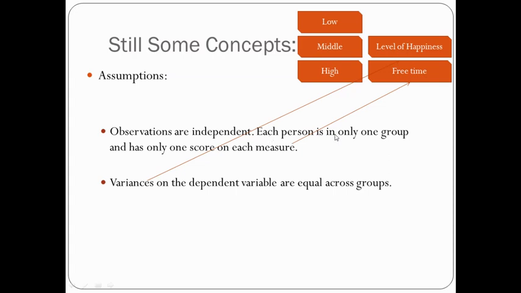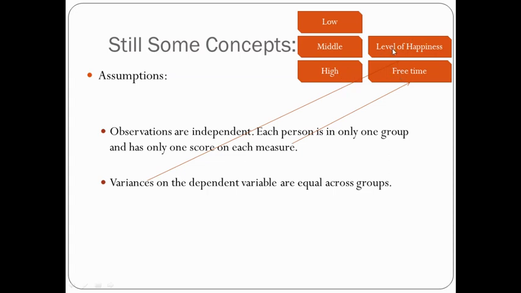So ladies and gentlemen, let's go back to variances that we learned long time ago. For example, here you have two dependent variables in this specific example: the level of happiness for the low income group, for middle income group, and for high income group. You have free time for low income group, for middle income group, and for high income group.